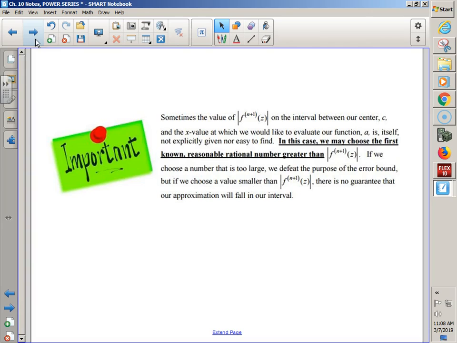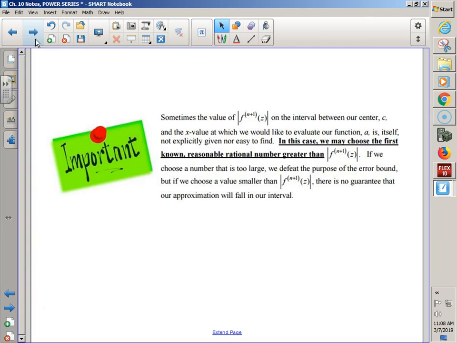Sometimes this value, basically they're saying, is either hard or impossible to find, at least by hand. And if it's not able to be found by hand, then some of you might be thinking, well, what's the point of the approximation? Because the approximation is keeping us from going to our calculator, et cetera.